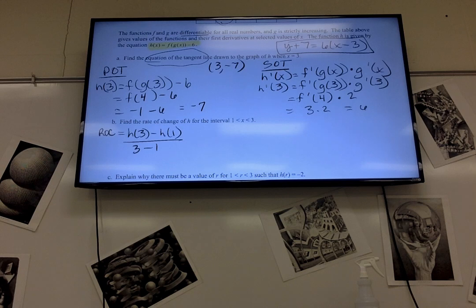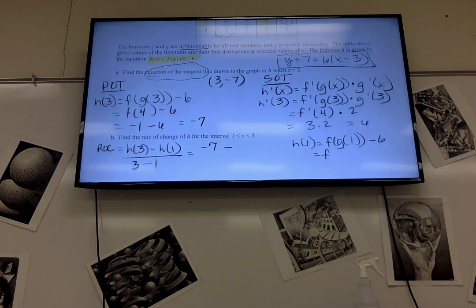Okay, so did we already do h of 3? Yeah, h of 3 we already did. It's up there. It's negative 7. H of 1 is f of g of 1 minus 6.